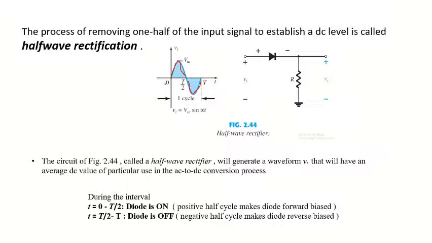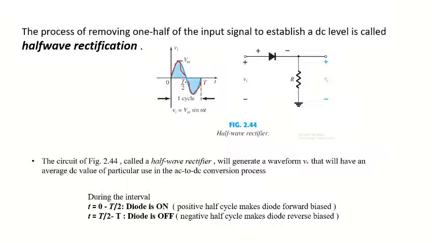The sinusoidal signal has a time period of T. The first half is 0 to T/2, and the second half is T/2 to T.